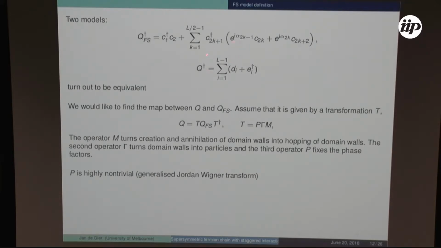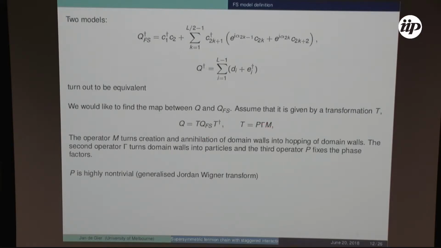So there is actually a mapping between these two charges. You can write it like this. This Q is T Q_FS T dagger, where T is a product of three operators. So to get this mapping, what we have to do is first move to a different basis, if you like. So there are these operators M and gamma.